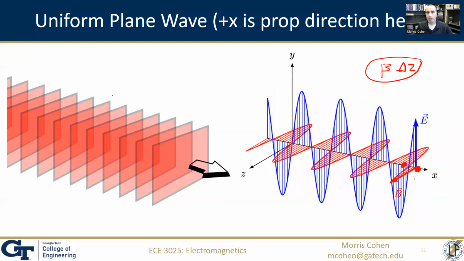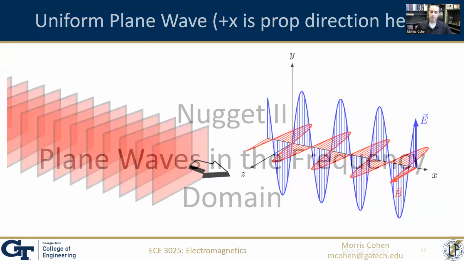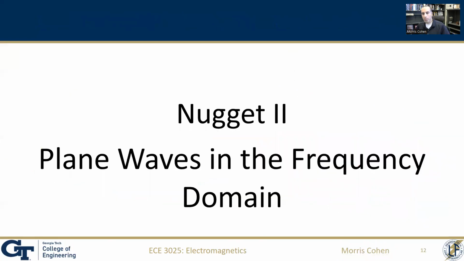All right, so in that sense, we've now taken a look at how plane waves propagate and how they seem to work in the frequency domain. But we have continued to rely on this assumption that we can have propagation in the positive z direction, and then the math sort of falls out nicely. The electric field is in the x direction, the magnetic field is in the y direction. We can in general do that.